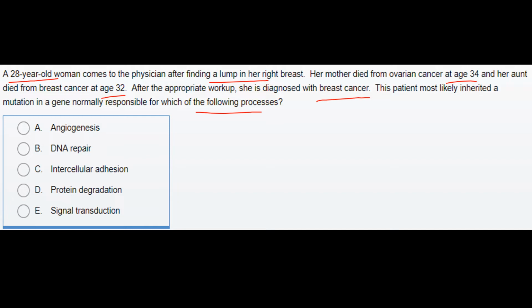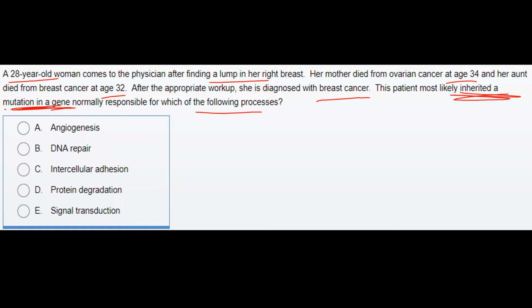Now, the most important key finding to be noted in this question is inherited mutation in a gene. So it is an inherited gene mutation which has led to the breast cancer in this patient.